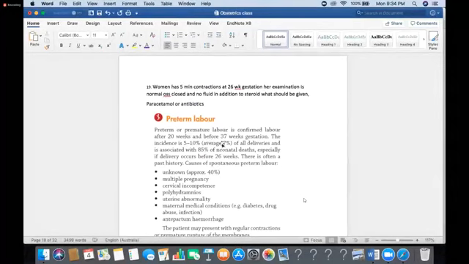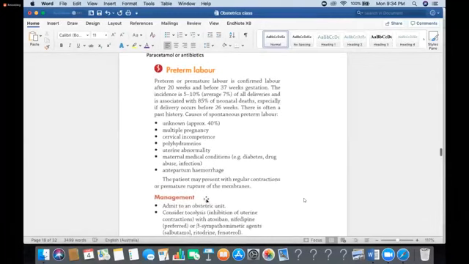If the baby has not reached 37 weeks of gestation, you will not deliver even if it is preterm. So you will admit the patient, give all the antibiotics, all the fluids, and ask the patient to stay in the hospital until delivery, until 37 weeks at least. Isn't it?